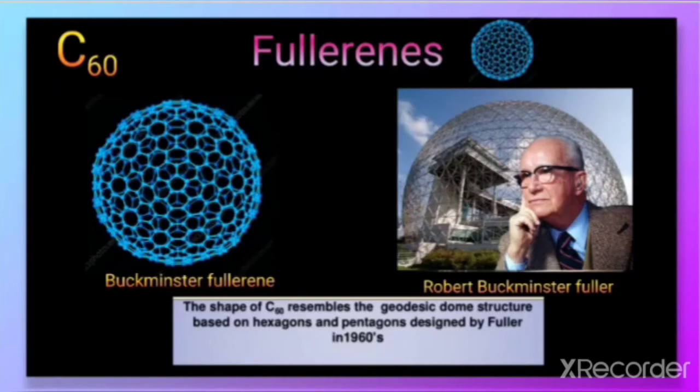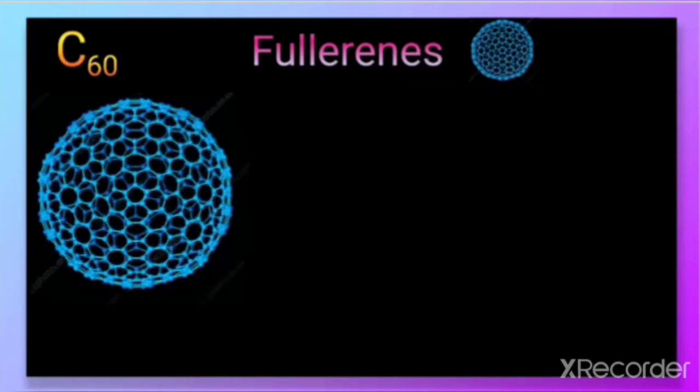So it is named on the basis of the name of the American architect Robert Buckminster Fuller, who designed this dome that exactly resembles the C60 fullerene. So that's why it was named Buckminster Fullerene. So let us discuss the structure of fullerene. Let us have a look at the three-dimensional view of fullerene.